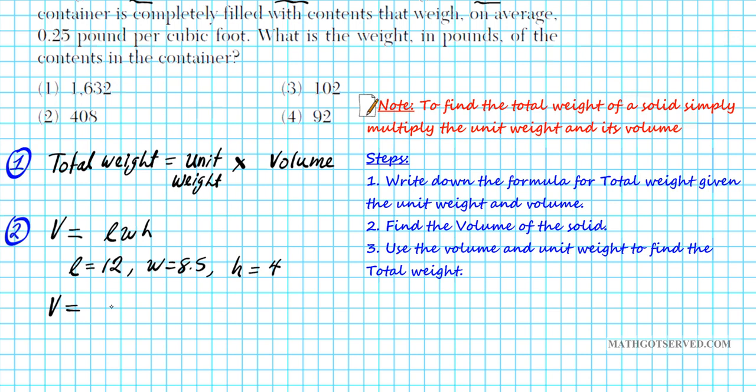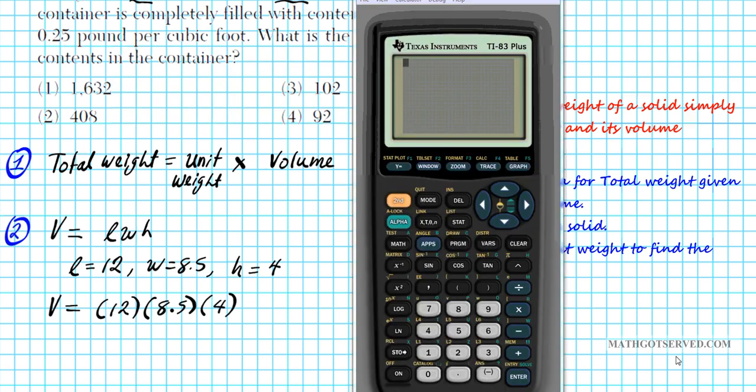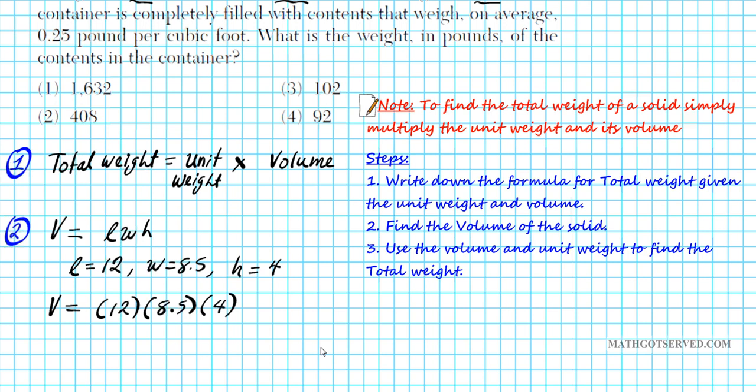So V is equal to 12 times 8.5 times 4. All right, so let's compute that with our TI-83 Plus. So 12 times 8.5 times 4. And then we get 408. So the volume of the solid is 408 cubic feet. Okay, so 408 feet cubed.